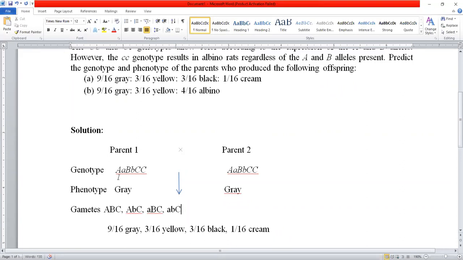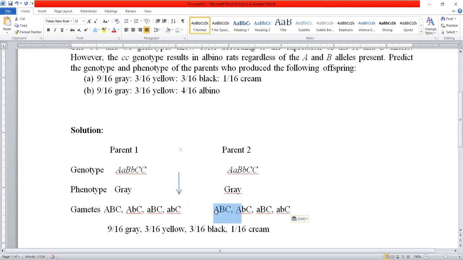So these four types of gametes are produced by parent one. Similarly, because the genotypes of both parents are the same, four types of gametes would be produced by this parent too.